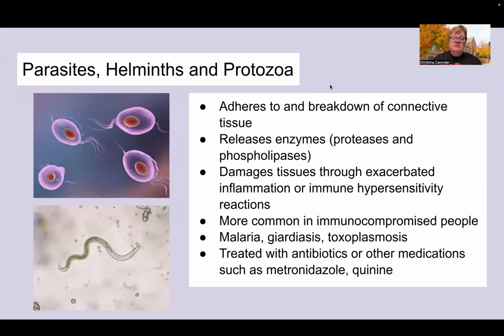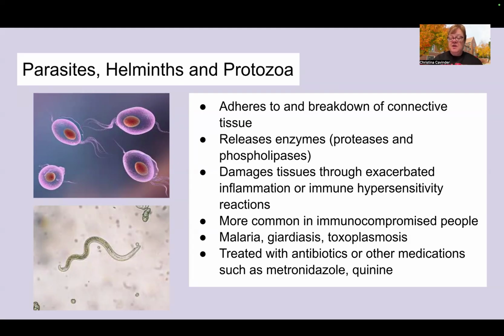Parasites and helminths, God, that's hard. And protozoa. They adhere to and break down connective tissue. They release enzymes, proteases and phospholipases. Anything with "ase" on the end means it's breaking it down. So it's breaking down proteins, it's breaking down phospholipids.